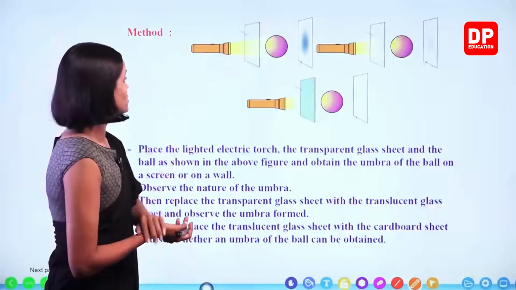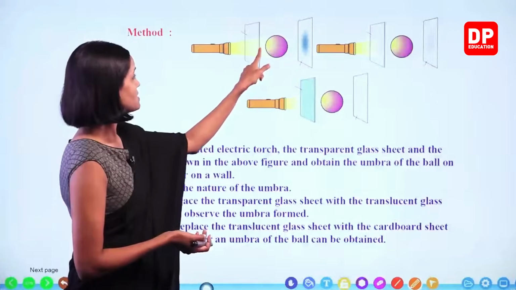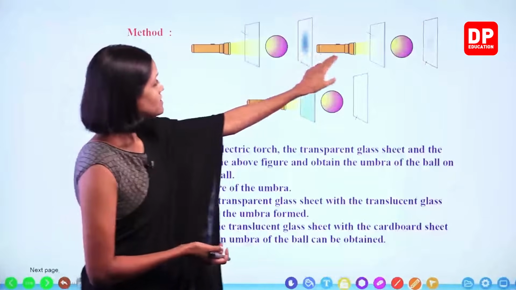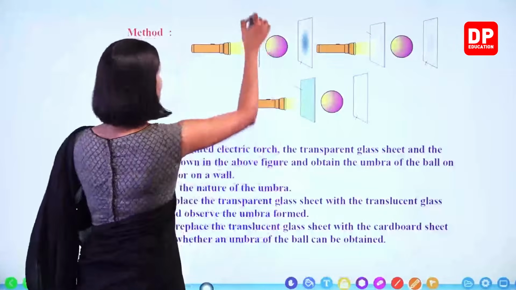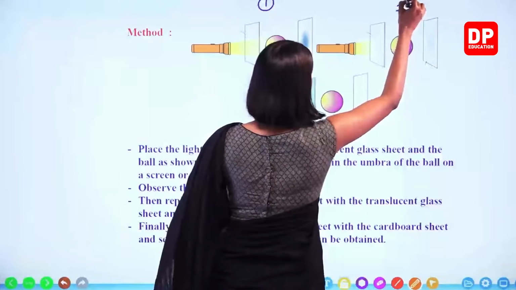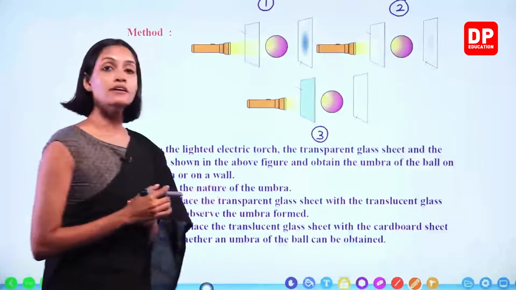So look at the first picture. This is the torch, this is the transparent glass sheet, this is the small ball, and this is the white color screen. The second picture, we will label them 1, 2, 3. Right.